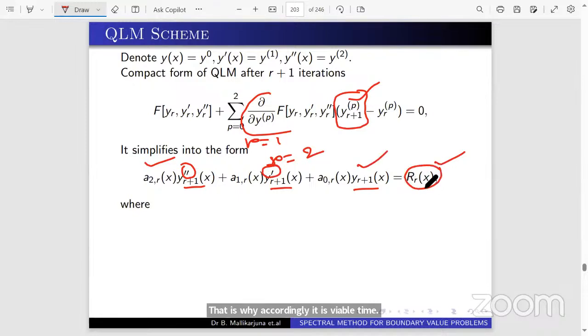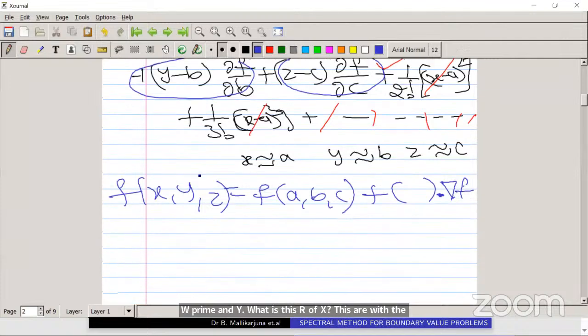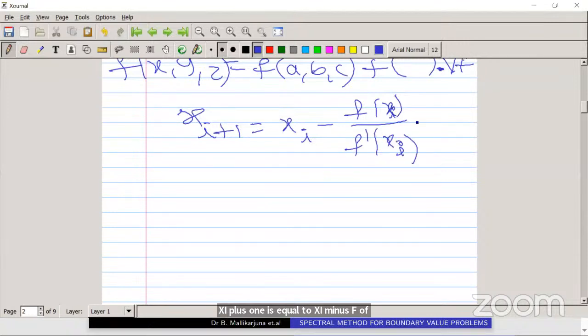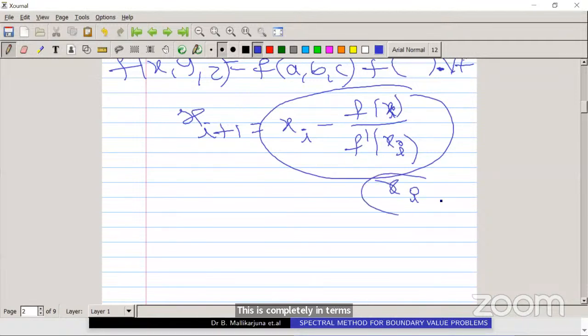What is this r of x? This is r with suffix r. It is just like how we take Newton-Raphson: x i plus 1 is equal to x i minus f of x i by f prime of x i. This is completely in terms of x i, known values.